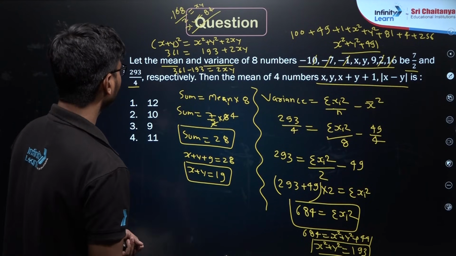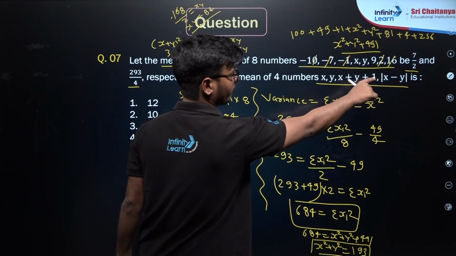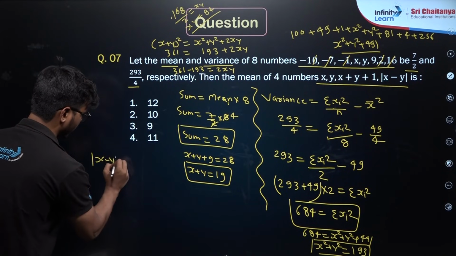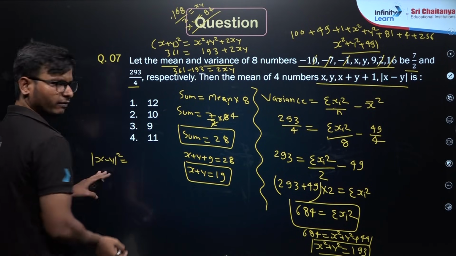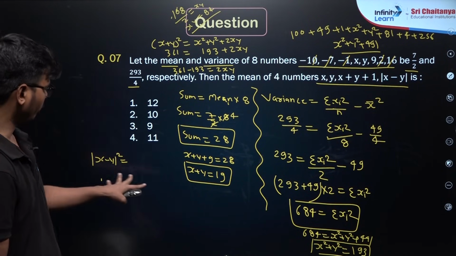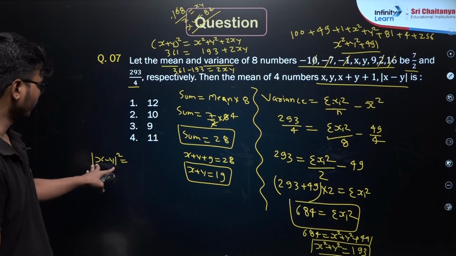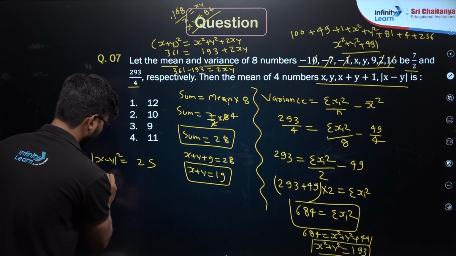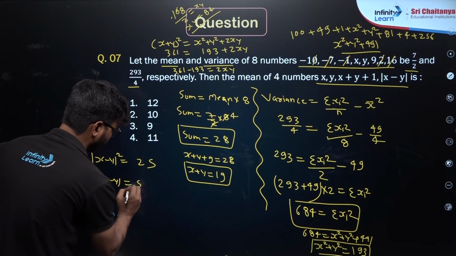Okay. Now if we solve the equation, we want to find the value of mod of x minus y. So x minus y the whole square, here we don't have enough space, so I am just writing the value directly. You can use the formula and get the value of x minus y the whole square. So here we are getting 25, and directly I am writing the x minus y value, we are going to get as 5.